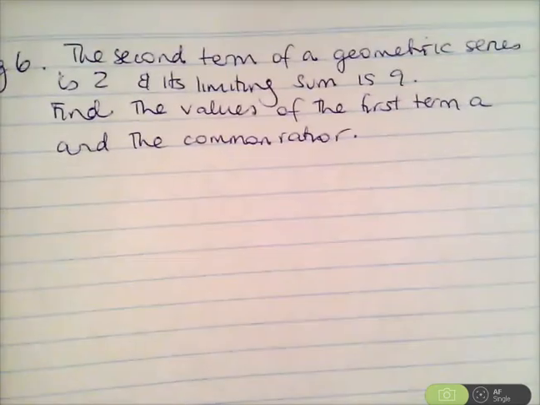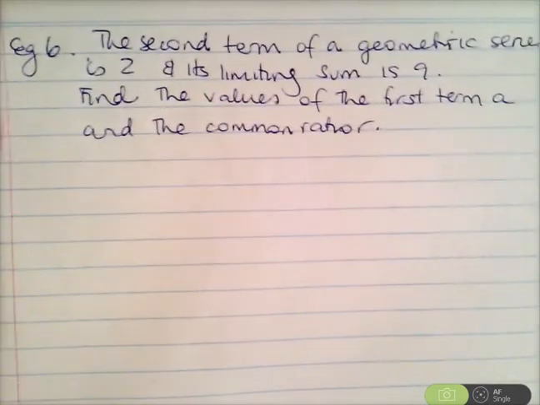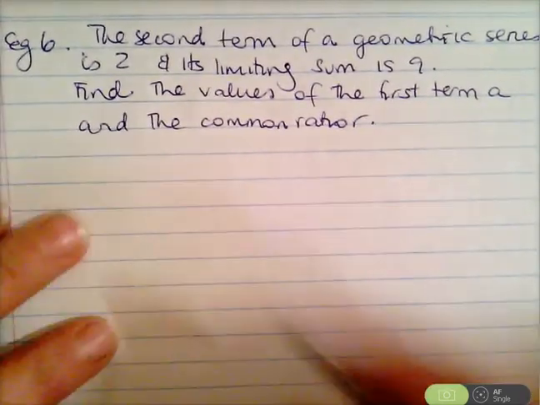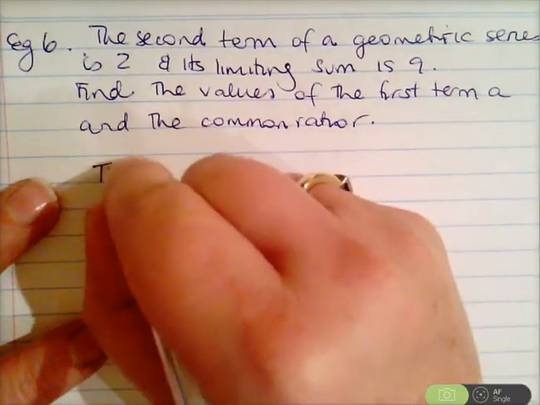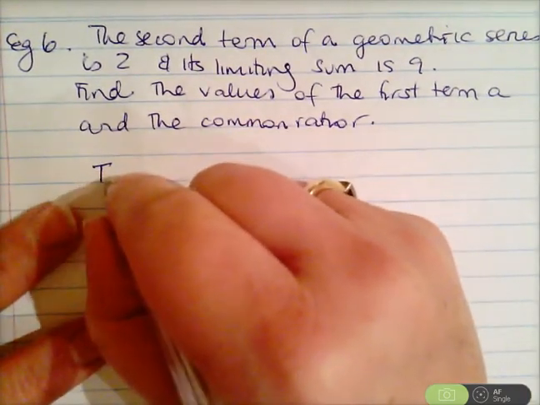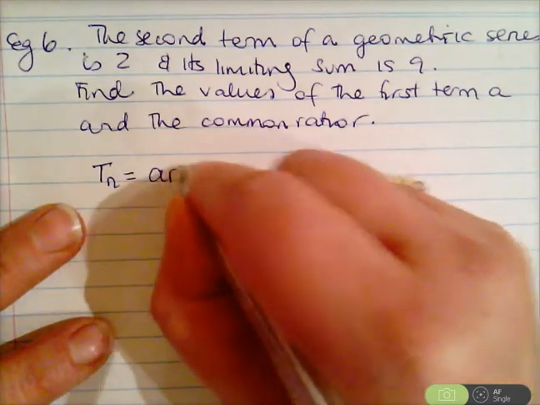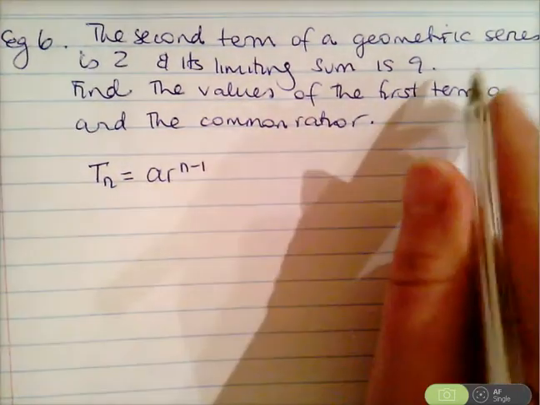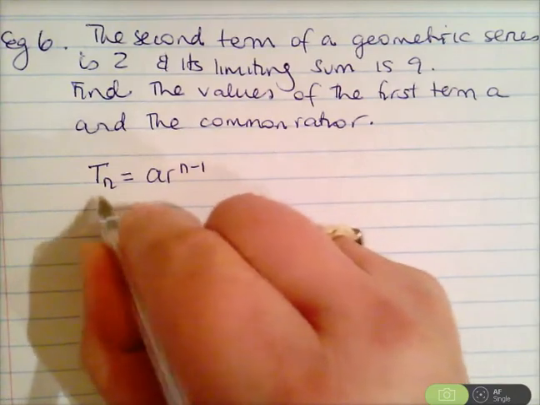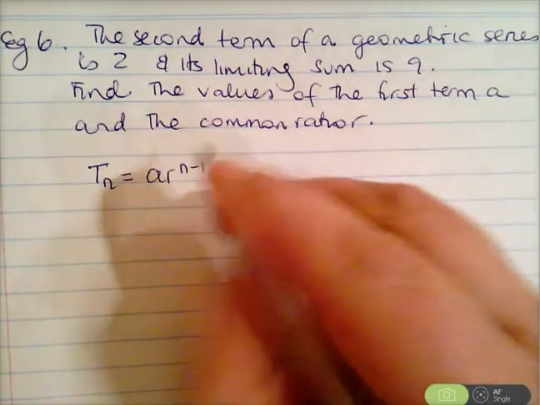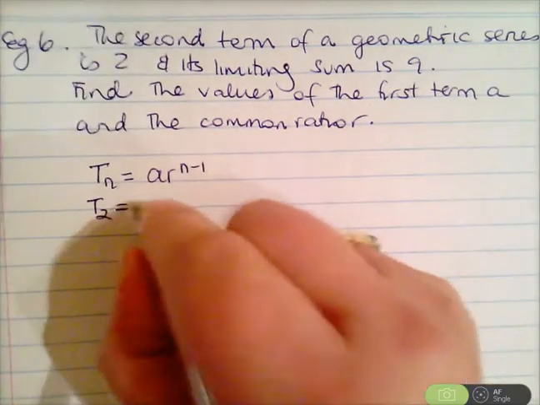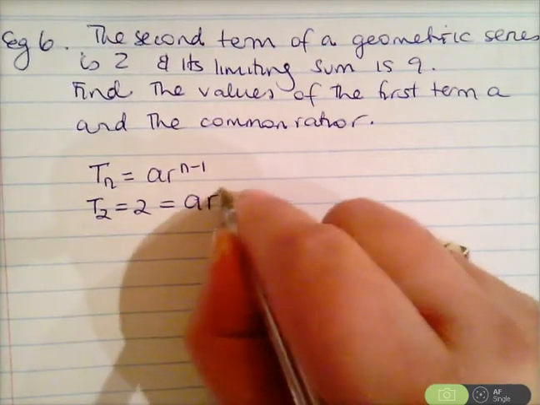Next example, the second term of a geometric series is 2 and the limiting sum is 9. So we know that for a geometric series Tn equals ar to the n minus 1. Now the second term is 2, so when n is 2, t2 is 2, which is ar to the 2 minus 1.